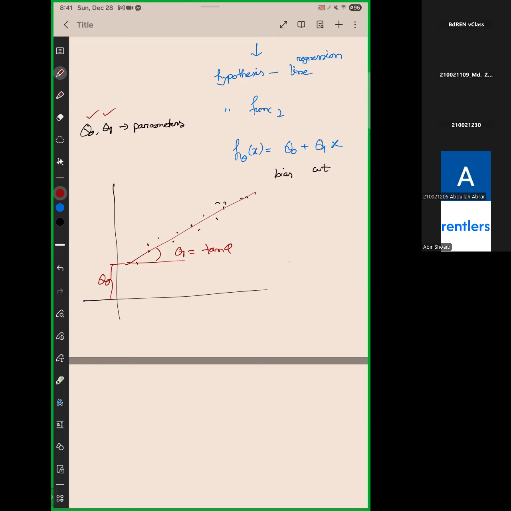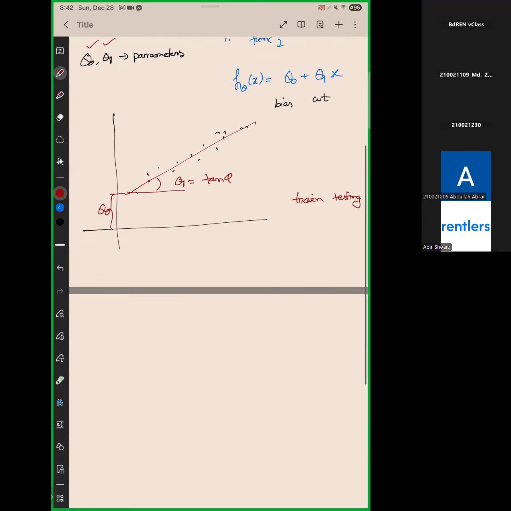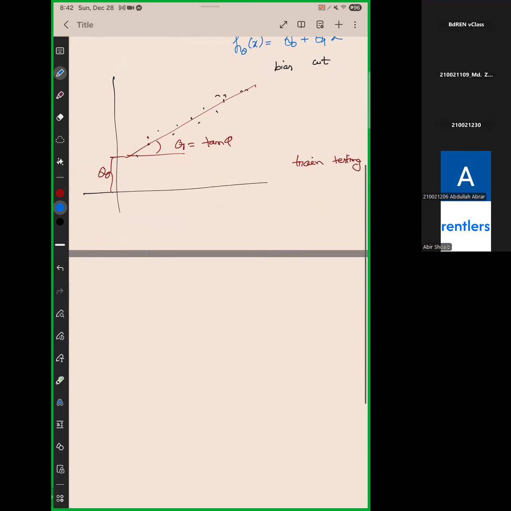We also talked about the training part and testing part. We'll go into detail in the next class. After this, we have seen that this was univariate. If we have multiple features, for instance in house price, we had multiple features like x1, x2, x3, x4, and this is your y.